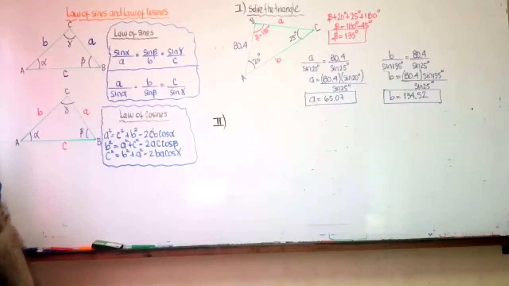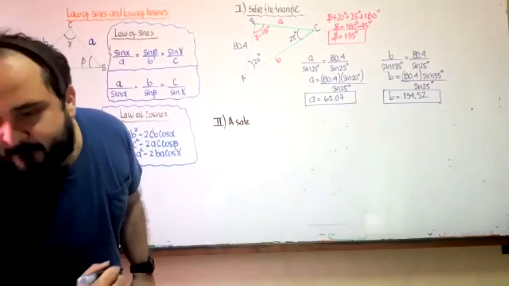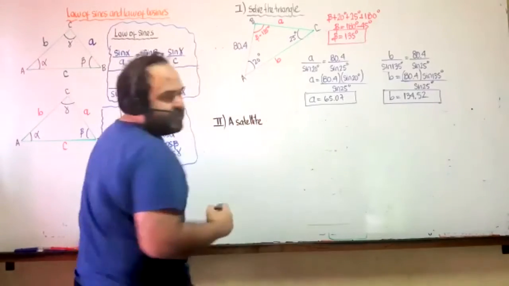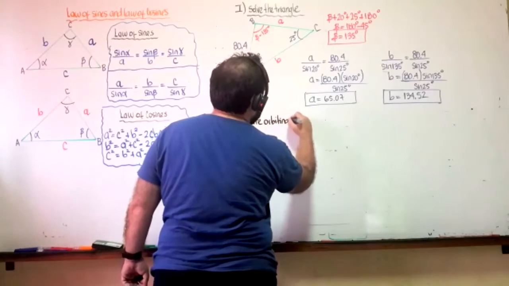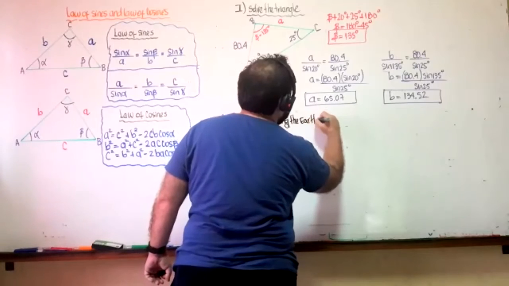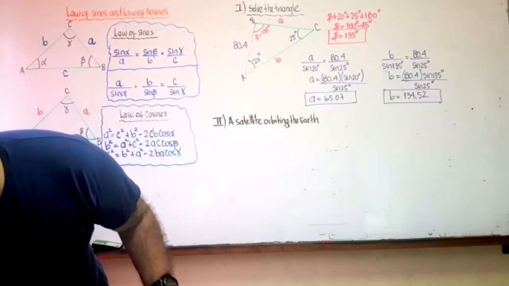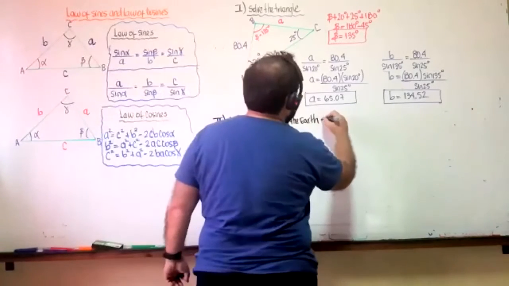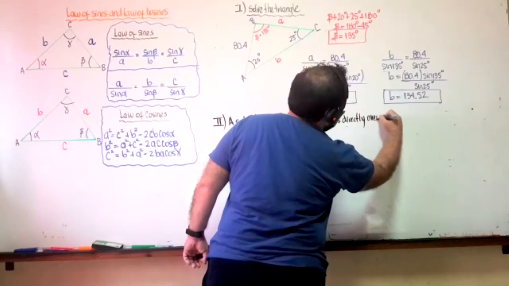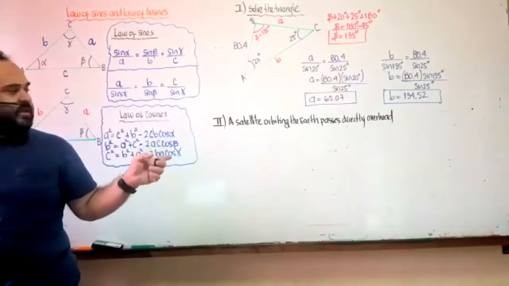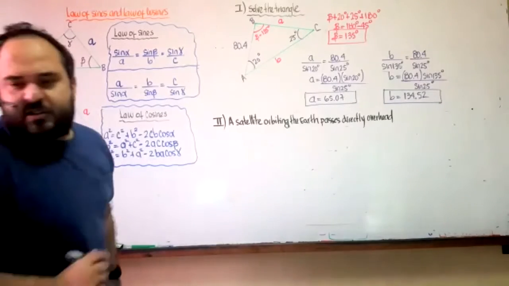So the problem says, a satellite orbiting the Earth passes directly overhead at observation stations.